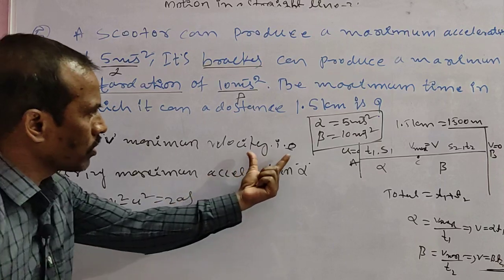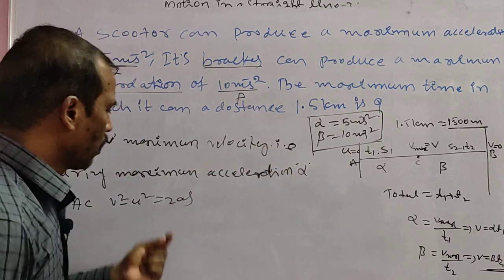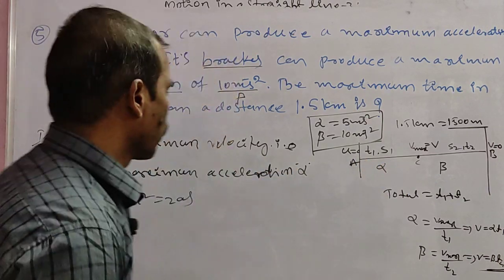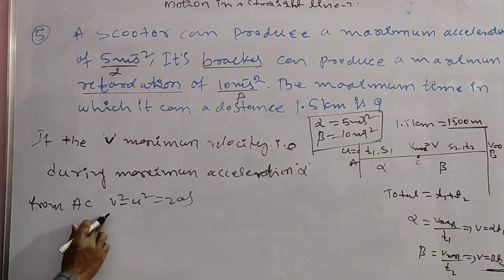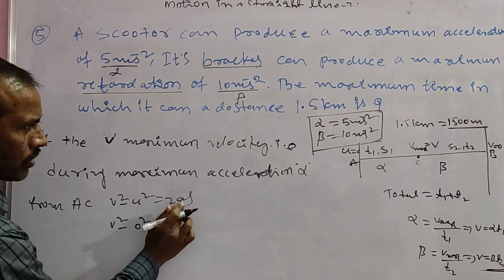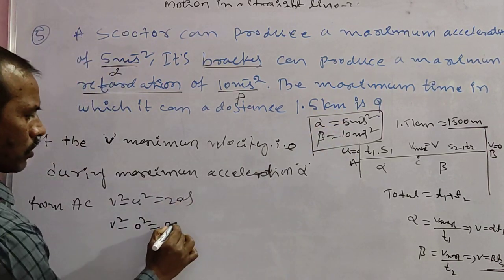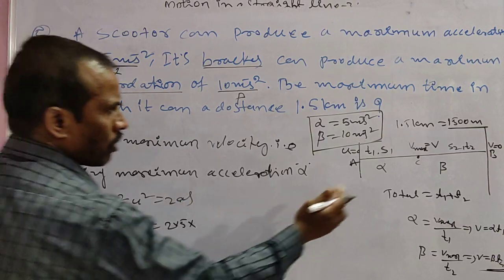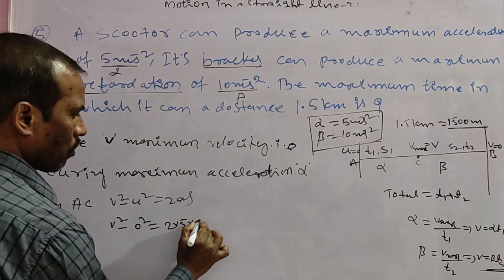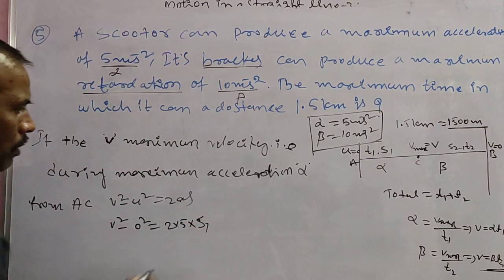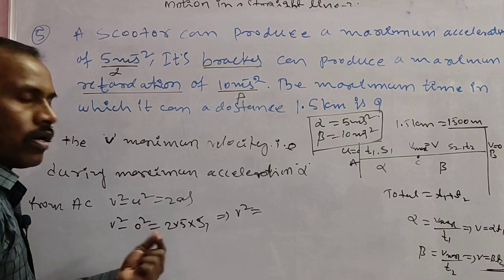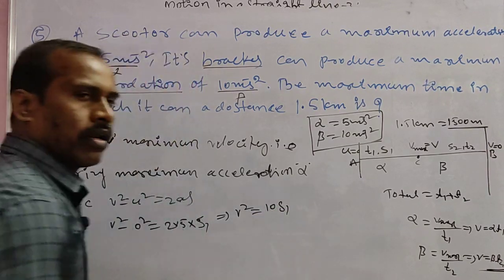Here V means the maximum velocity, U means initial velocity 0, A is equal to maximum acceleration alpha, and S is the displacement S1. Simplifying, maximum velocity V square minus 0 square is equal to 2 into 5 into S1, so V square is equal to 10 S1.